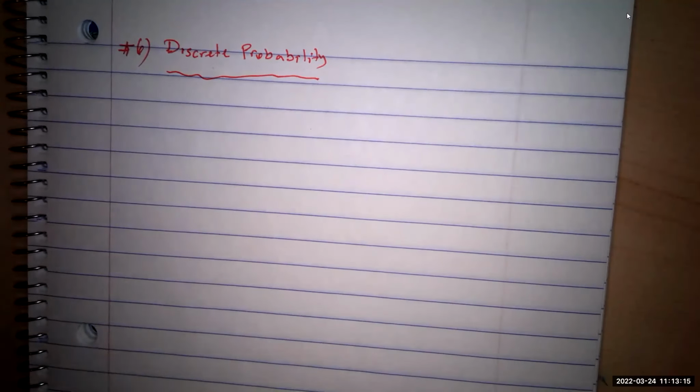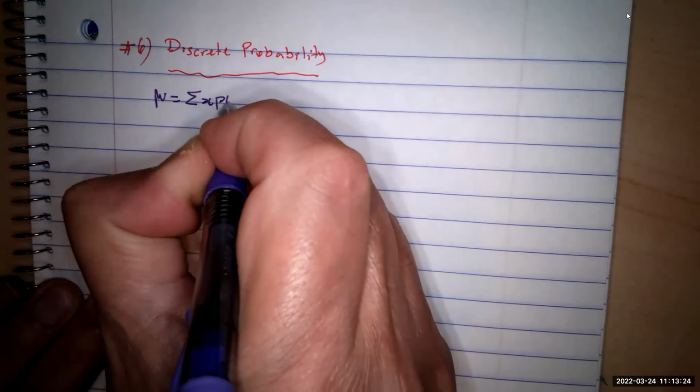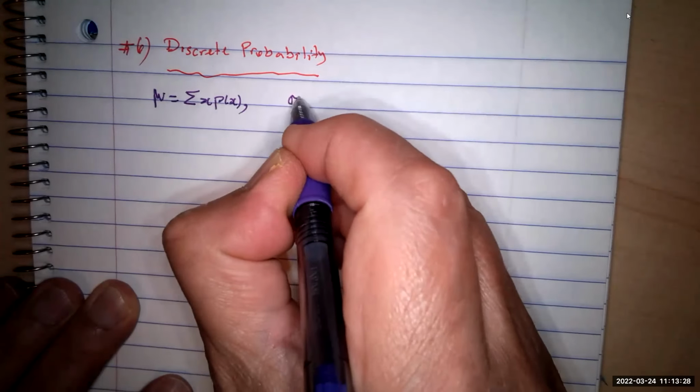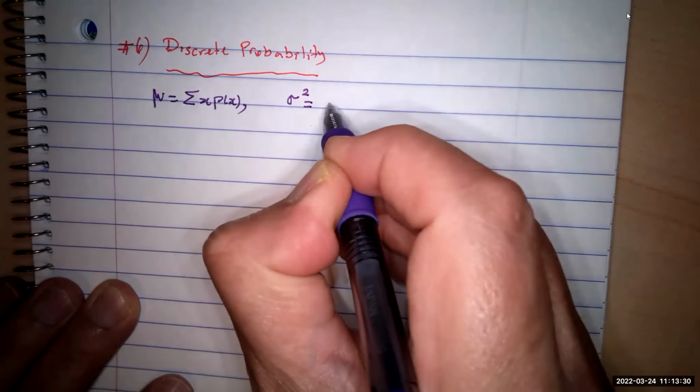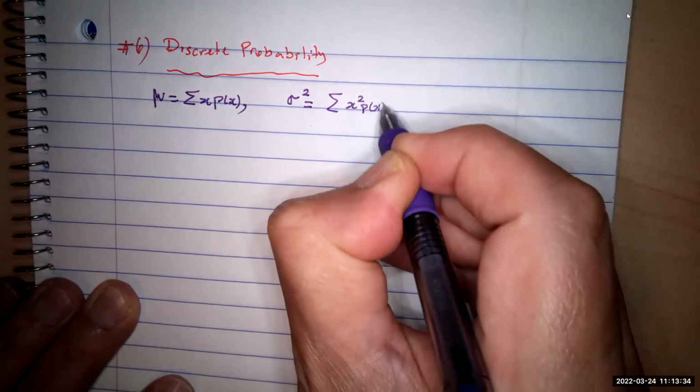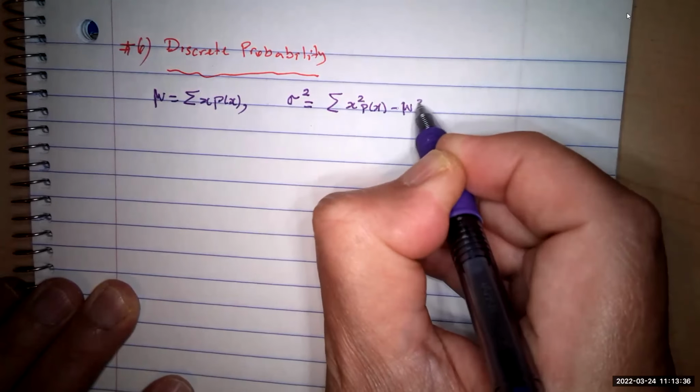For number 6, you want to find the mean, standard deviation, and the variance. You must know the formulas. I remind you, 3 formulas. The first one, mu, the mean: sigma x P(x), that's the mean. Variance, sigma squared: sigma of x squared P(x) minus mu squared.